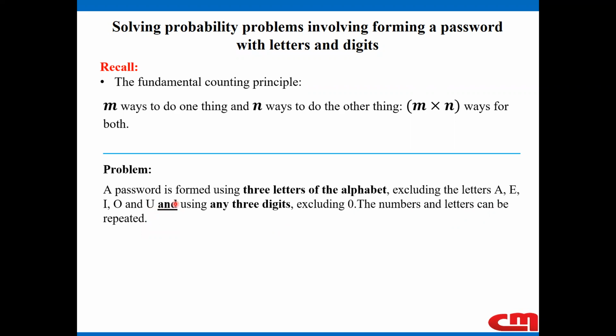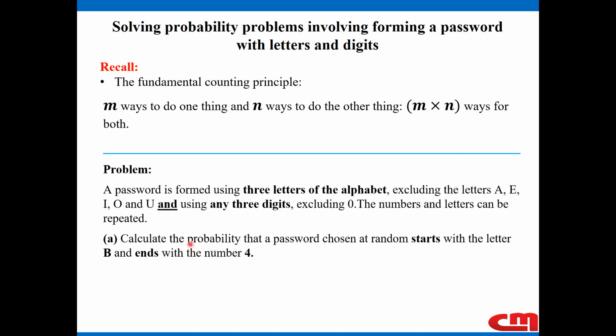Now, I underlined the word "and," trying to call your attention to the fact that we are talking of 3 letters of the alphabet and any 3 digits. That means the 3 letters have to follow one another. That is, they should be consecutive. Then the 3 digits, again, they have to be consecutive. That is, one following the other. That is the meaning of the word "and."